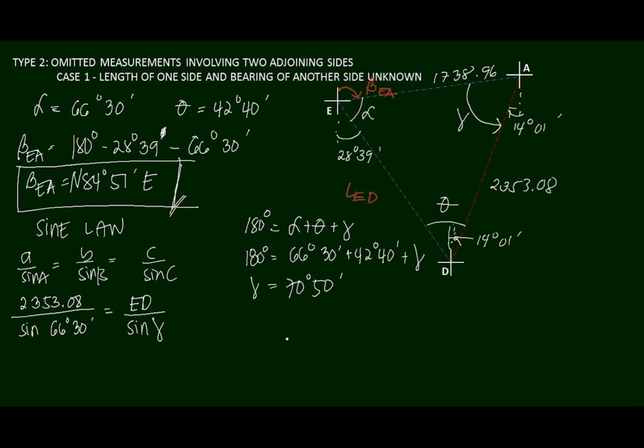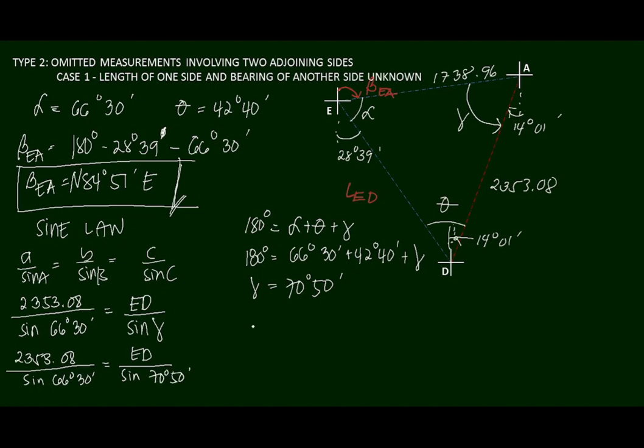Again, do not just merely stare on your screens, but I suggest you verify my answers. Again, substituting this in my sine law is 2353.08 divided by the sine of 66 degrees, 30 minutes is equal to ED over the sine of my gamma, 70 degrees, 50 minutes.